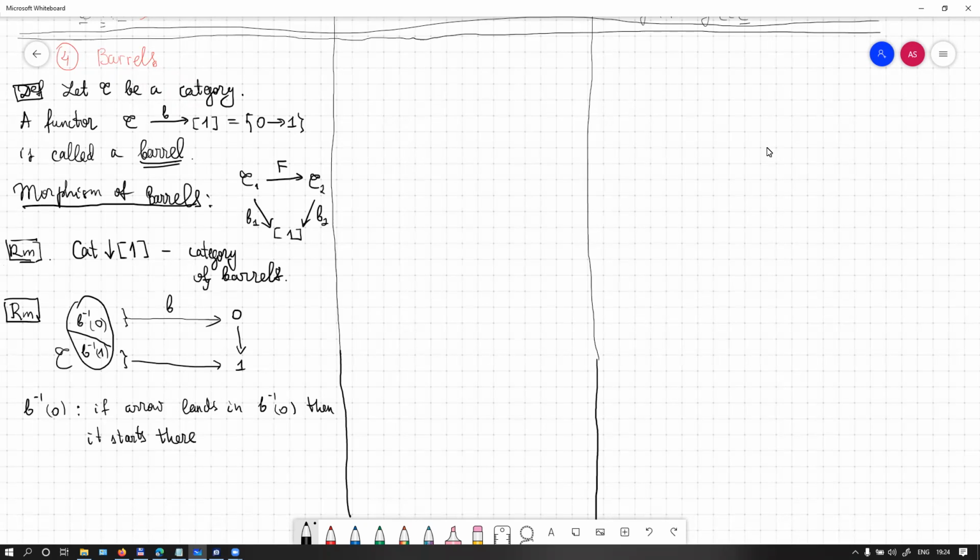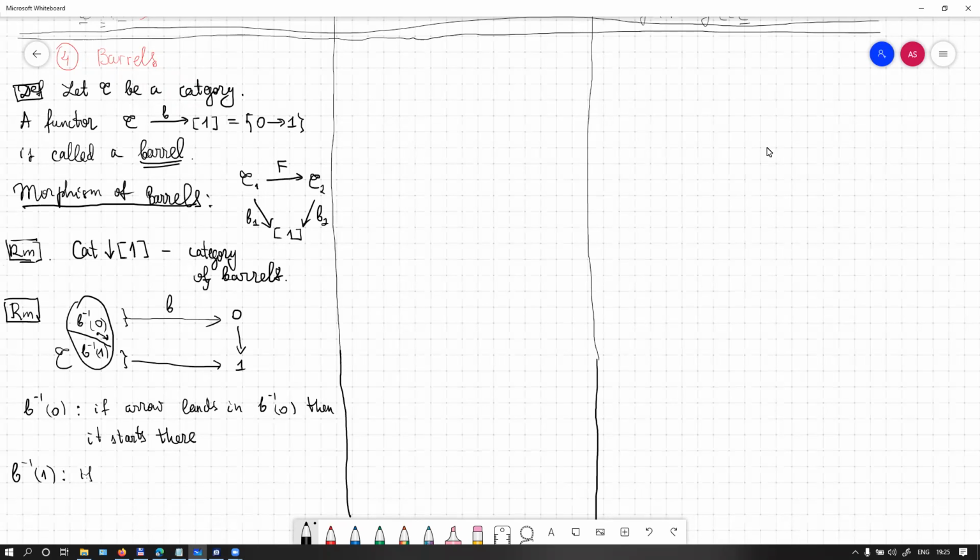So if a certain arrow finishes in this category, then it also starts here, because otherwise it would start in B minus 1 of 1, and all objects have their images, either 0 or 1, and we have a violation. There is only one non-trivial arrow from 0 to 1. B minus 1 of 1, the pre-image of 1, has a similar property.